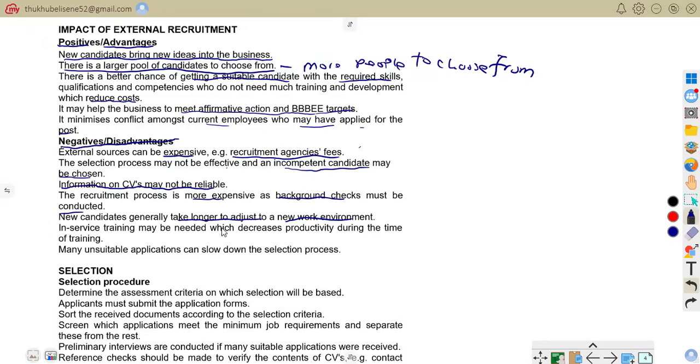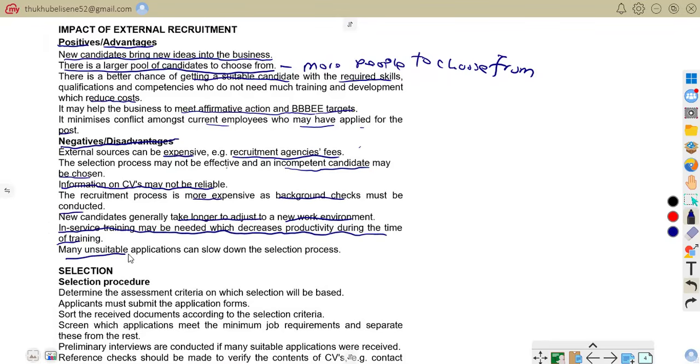Further on it says in-service training may be needed, which decreases productivity during the time of training. Even skilled workers need induction, we know very well. So a new engineer is trained on the company's machinery, and that is going to reduce productivity during that time of training.